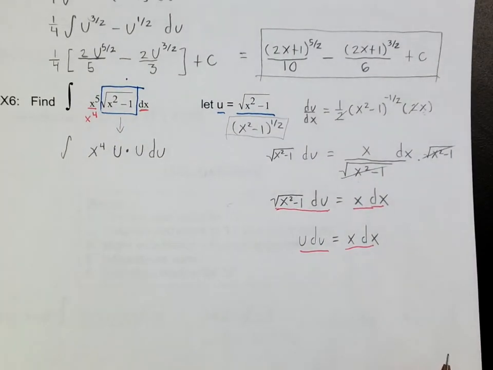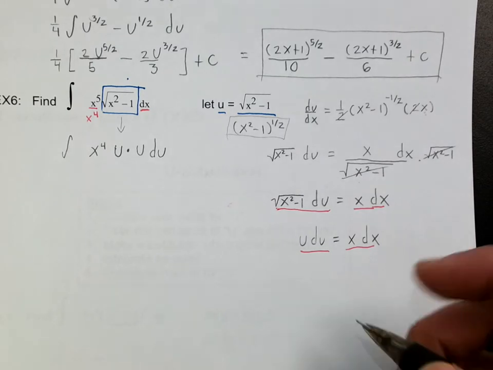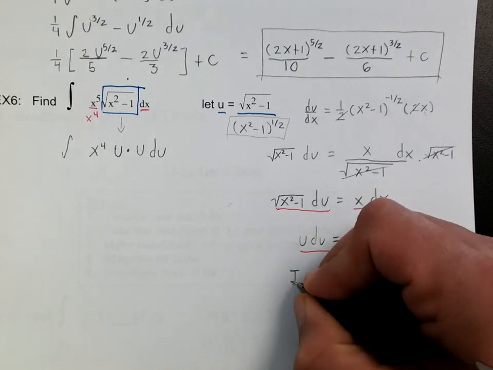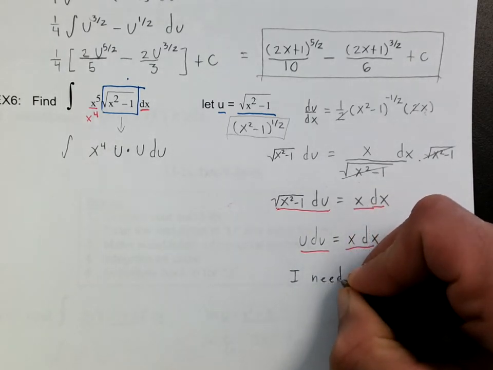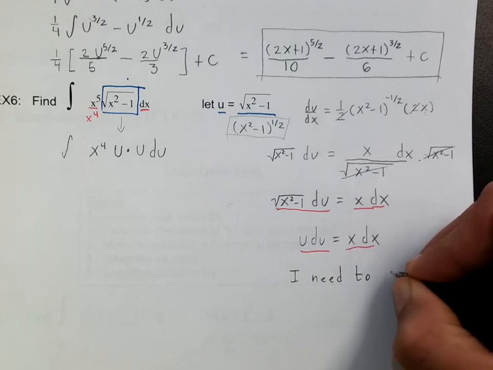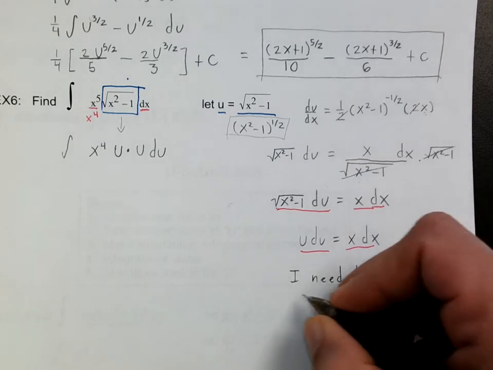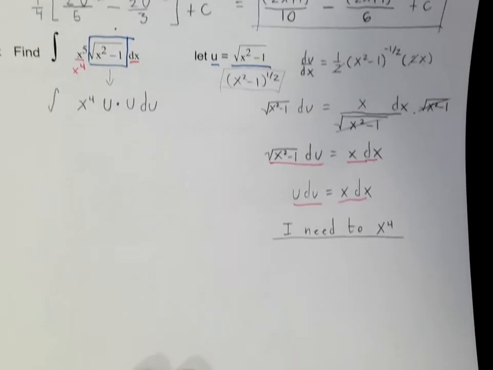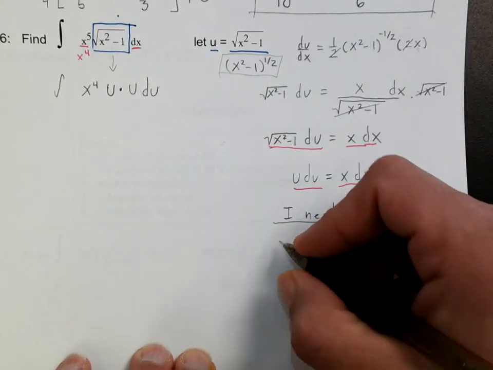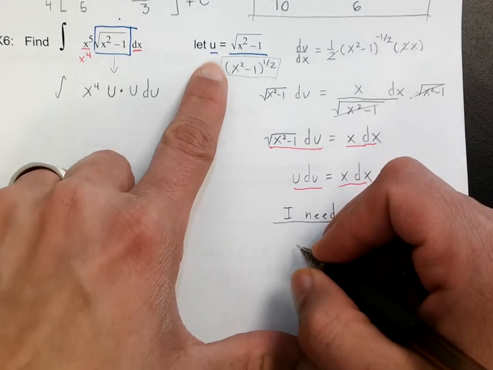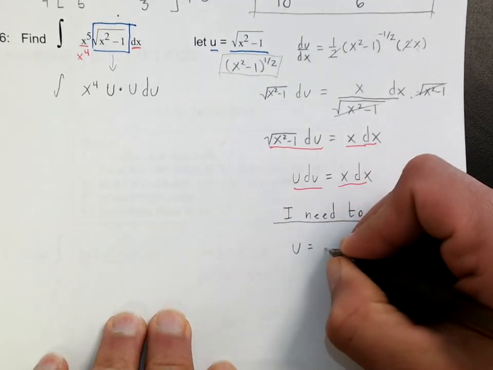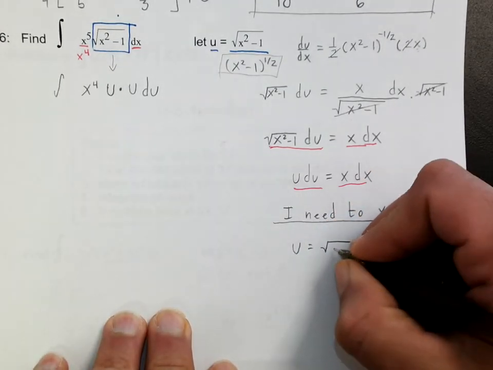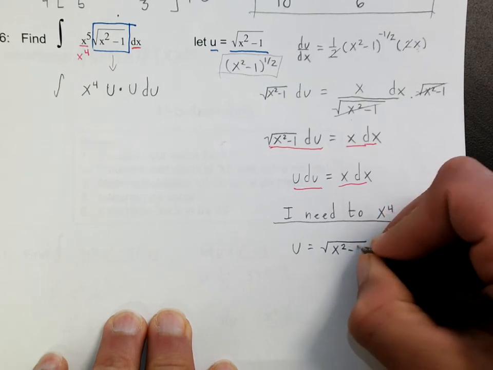So what we're going to do from here is that, you don't have to write this in your homework, it just helps me to understand it. I need an x to the fourth power. Okay, so if I need an x to the fourth power, that means that if I use the original equation, u is equal to the square root of x squared minus 1.